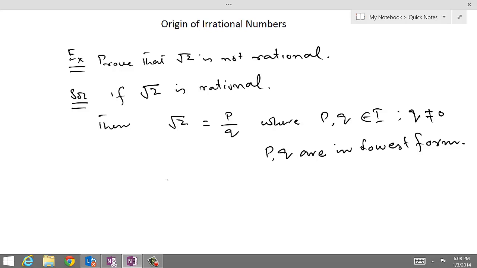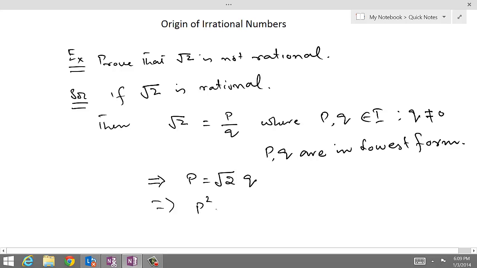If so, then obviously we can write p is equal to under root 2 q by bringing q on the other side. And if we take square on both sides, then what follows is that p square is equal to 2q square.